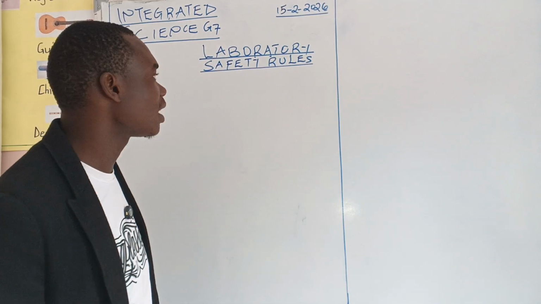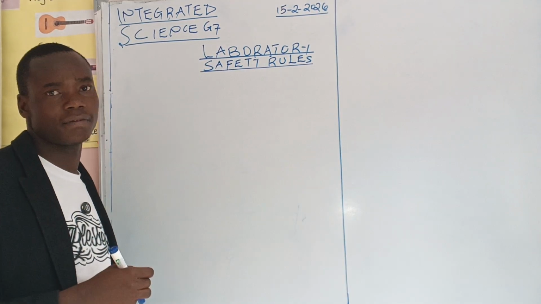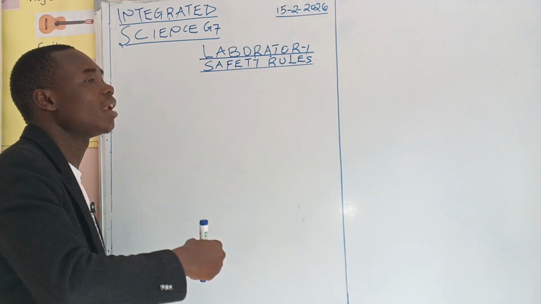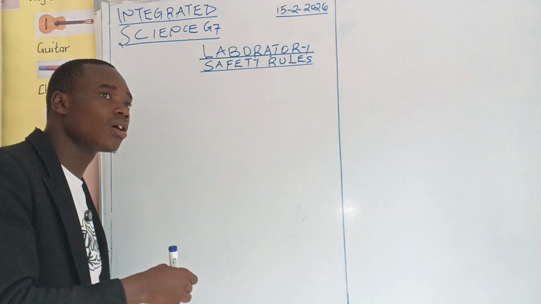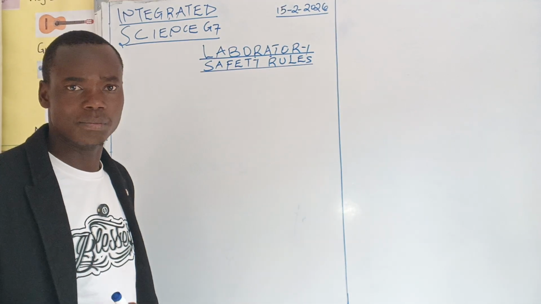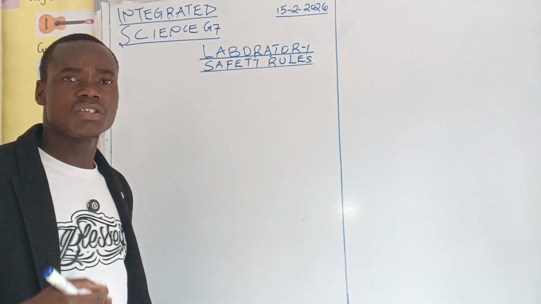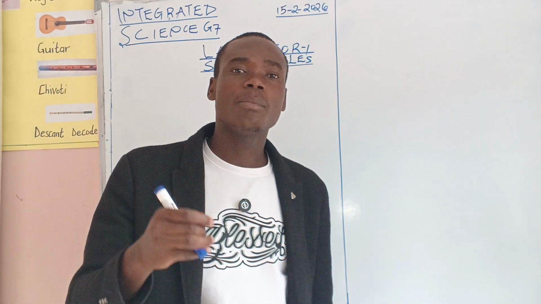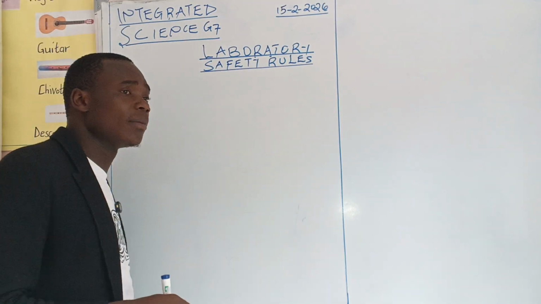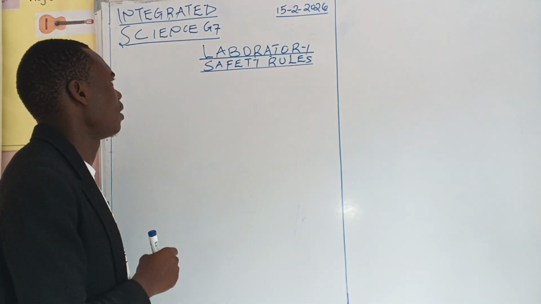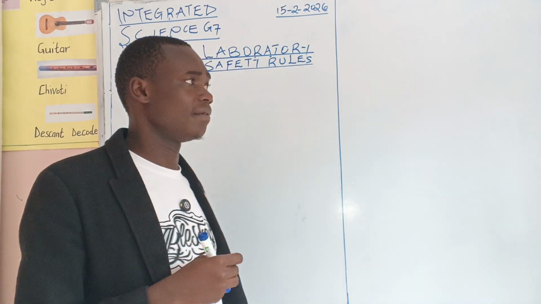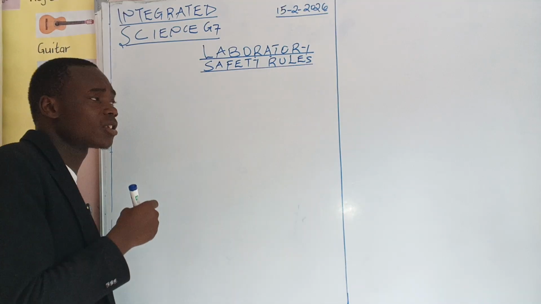I told you, for you to be safe, you have to know the hazards of the particular thing you're using, be it the chemical or the apparatus, how hazardous it can be. For that reason, you must work carefully as you're doing your experiments within the laboratory.